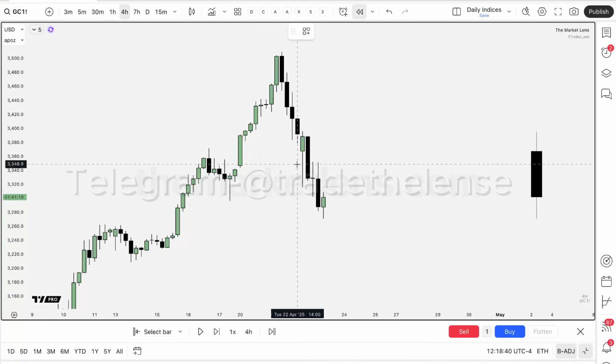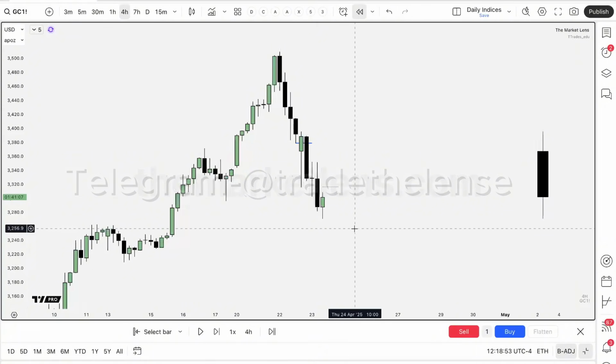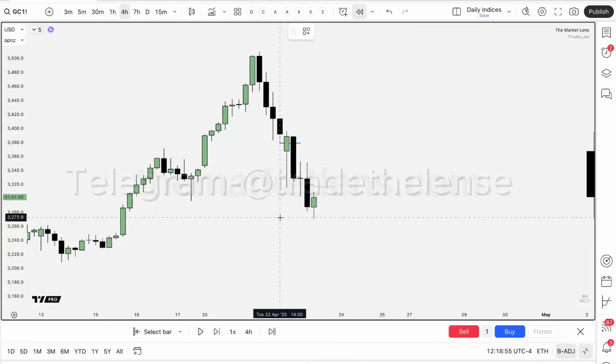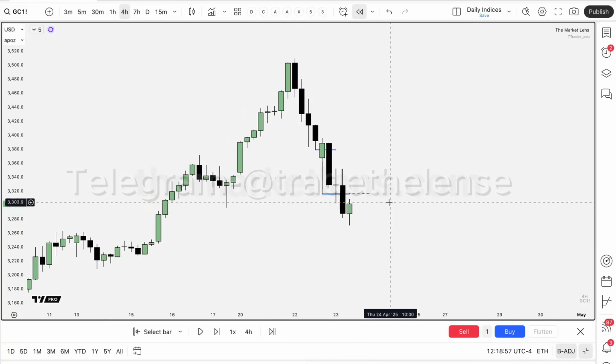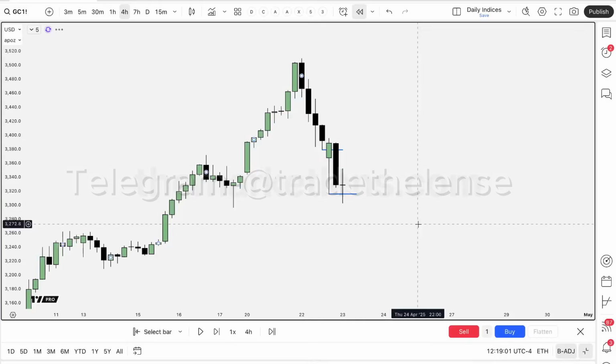So if you're trying to long this setup here, that's just opposing my bias. That's all it is. I think that's the one you traded. Let's see. Oh, you traded that one. This one. I mean, you can say that is a valid setup, but let's look at this real quick.